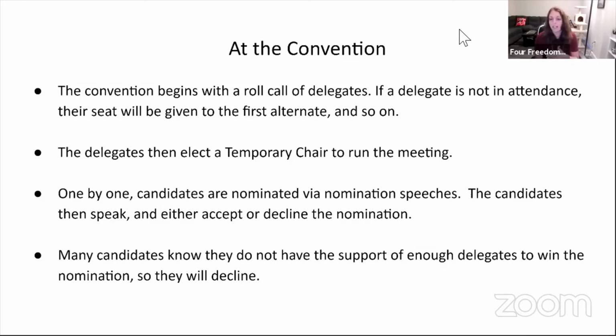The county leader has an idea ahead of time who does and doesn't maybe have the votes. And so usually the first people nominated are people who've maybe just come out of panel for the first time or just haven't quite acquired the votes they need to win the nomination that year. But ultimately, if a candidate thinks they have the votes, they may go for it. But oftentimes a lot of them just know that they don't, and so they'll decline the nomination. That happens quite a bit.